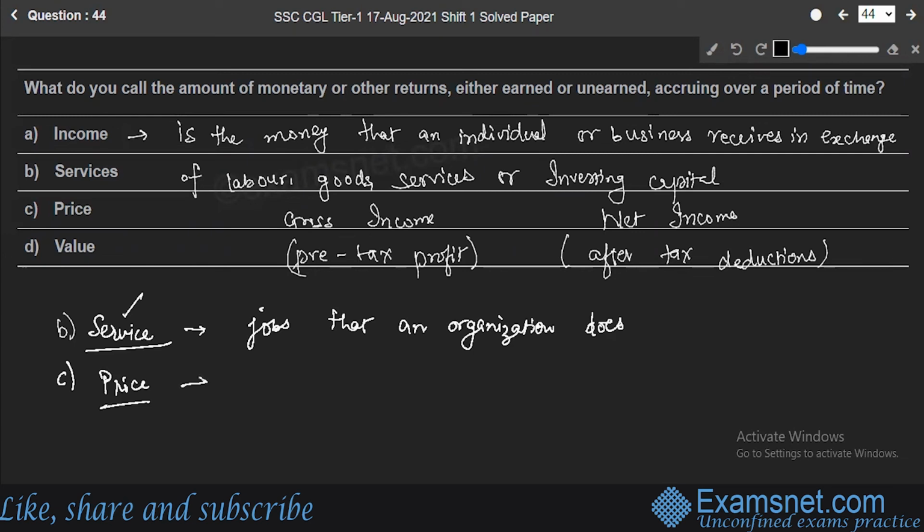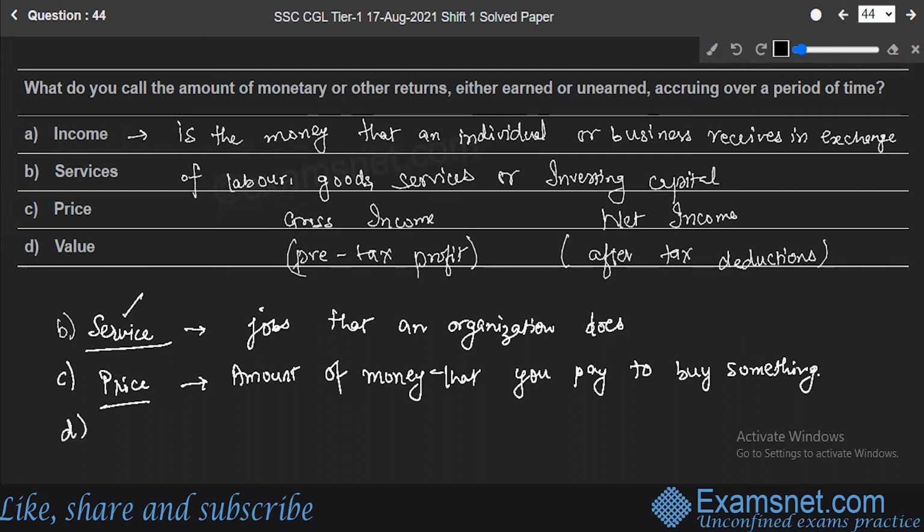Price is the amount of money that you pay to buy something, right? And value is the amount of money that something is worth.